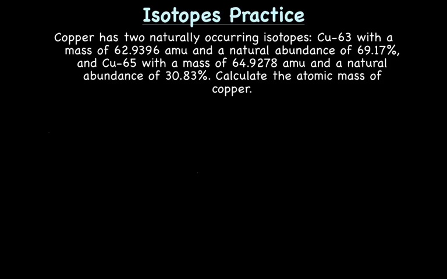So we know that the average mass equals the sum of each of the isotopes, its mass times its abundance.